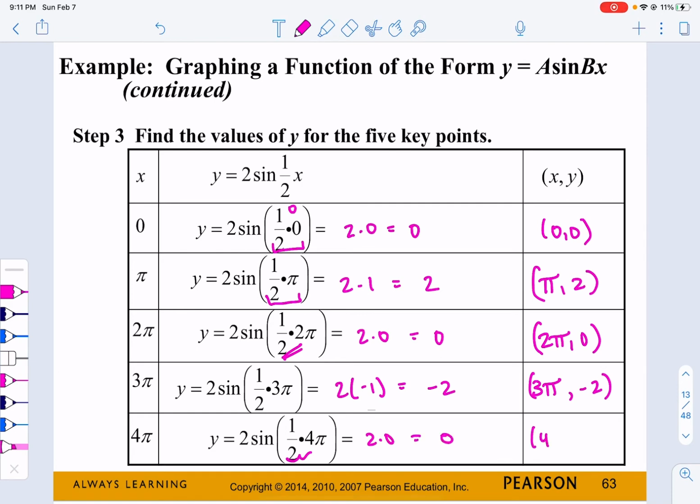So we have 4 pi at 0. Now, maybe you can see some relationships here: 0, there's our maximum, 0, there's our minimum, 0. Once you find out those increments of 0, pi, 2 pi, 3 pi, 4 pi, the rest of the y values should be pretty self-explanatory.